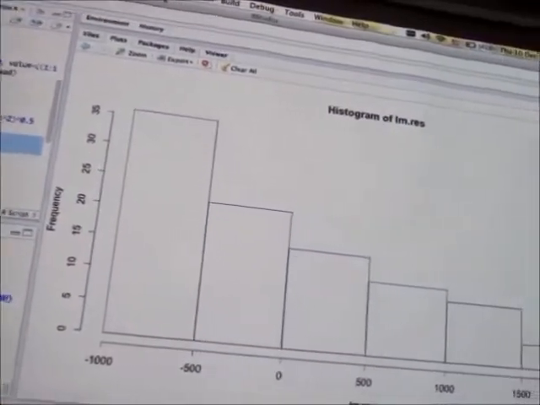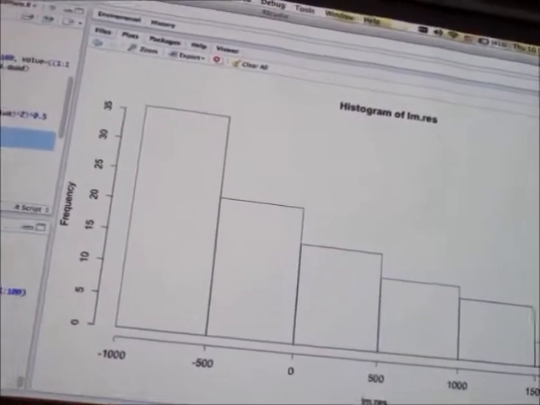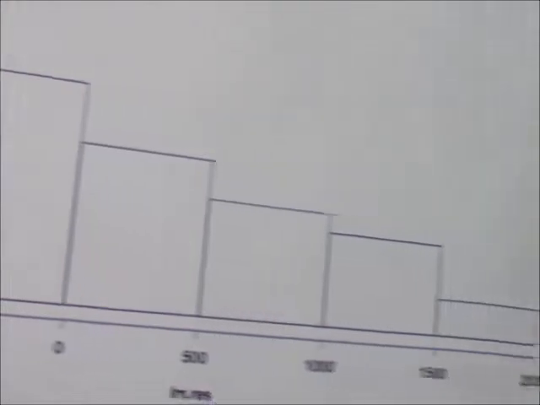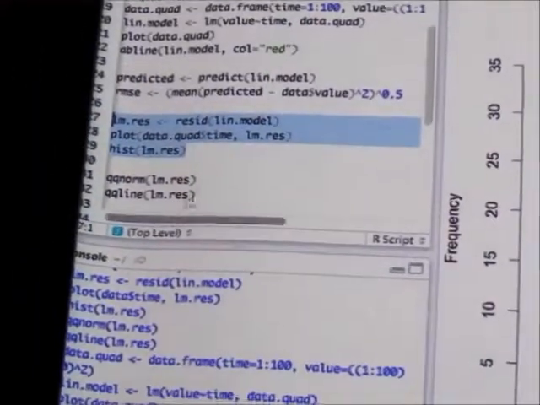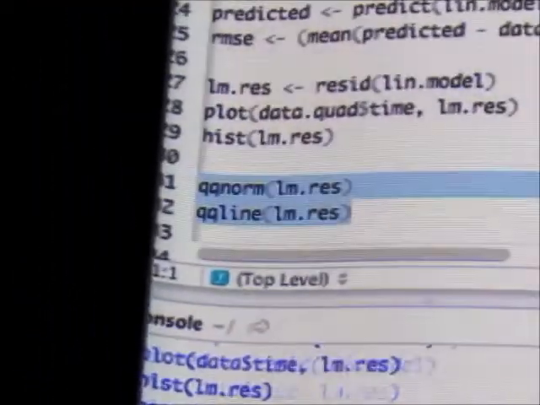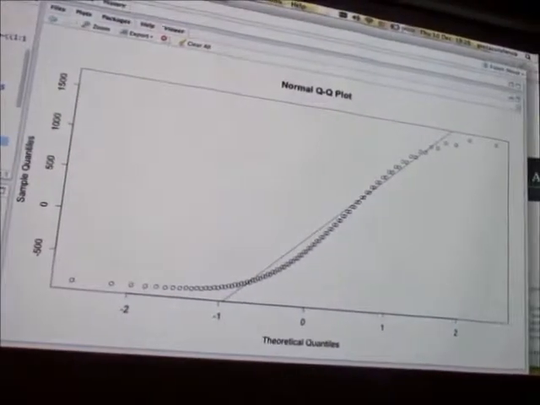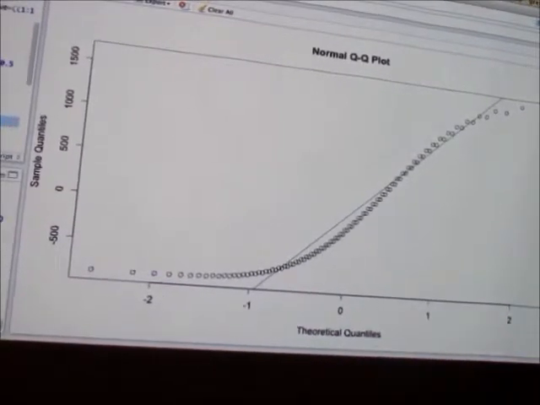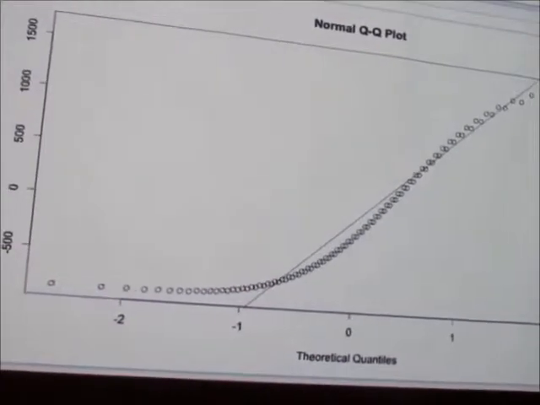Most of them are really large at the beginning, and then I have a tail at the end. Similarly, with a QQ plot, I'll see how my tails are not fitting in line with the errors, which means that the fit is not good.